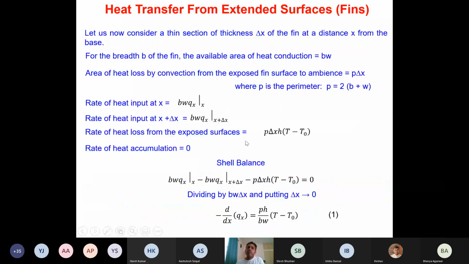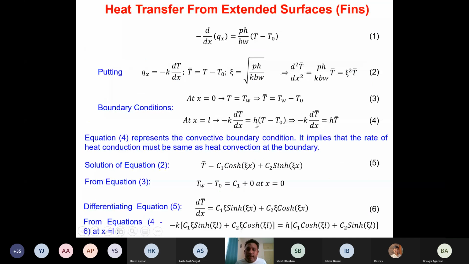So at x equals L, minus k dT by dx, the heat flux, should equal h (T minus T naught). This is the rate of heat conduction, and that should equal the heat dissipation by convection.